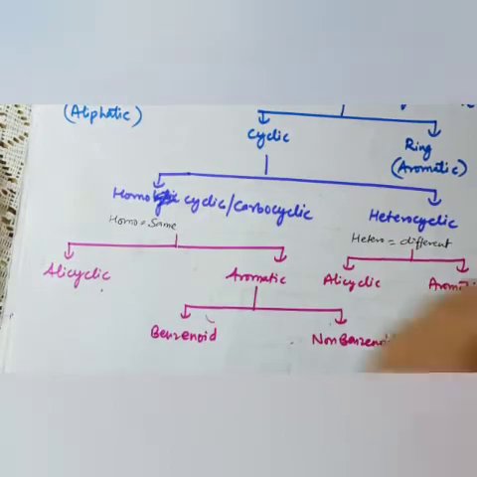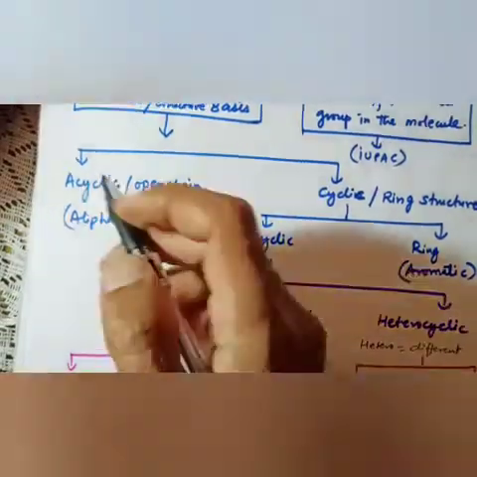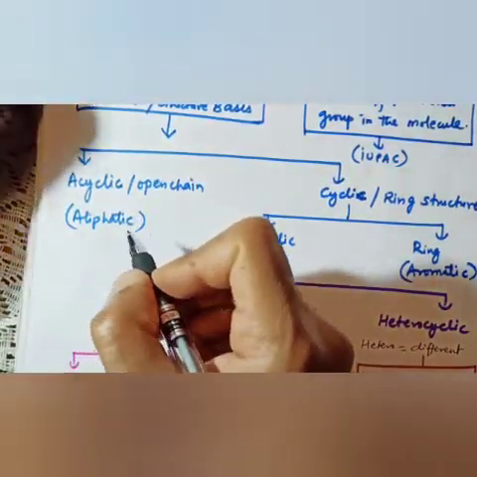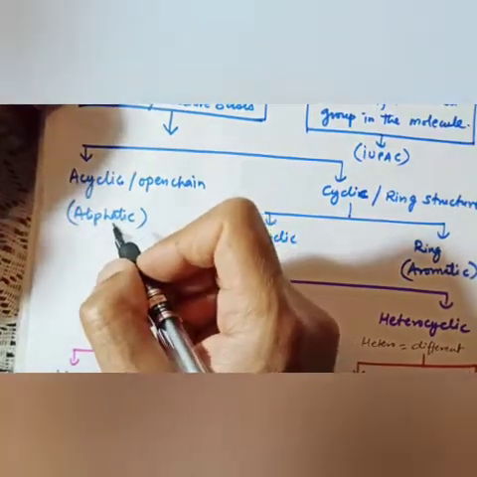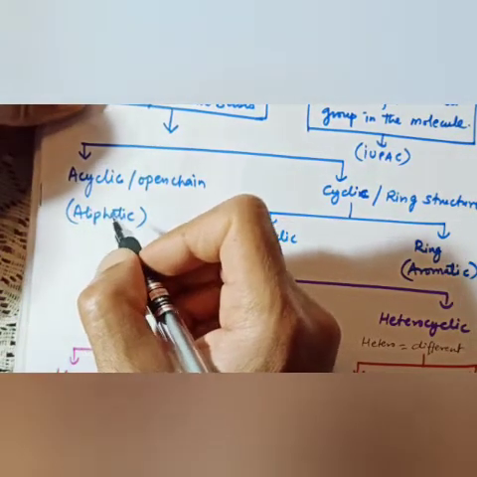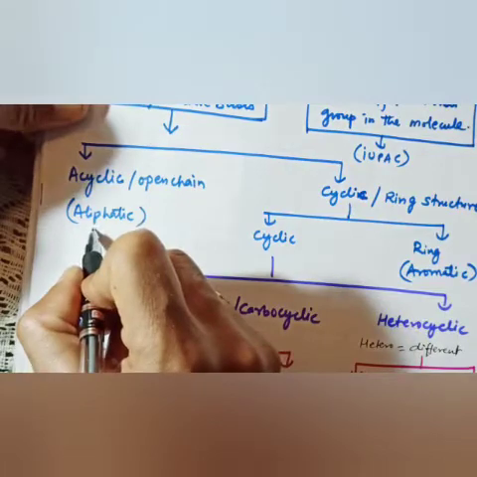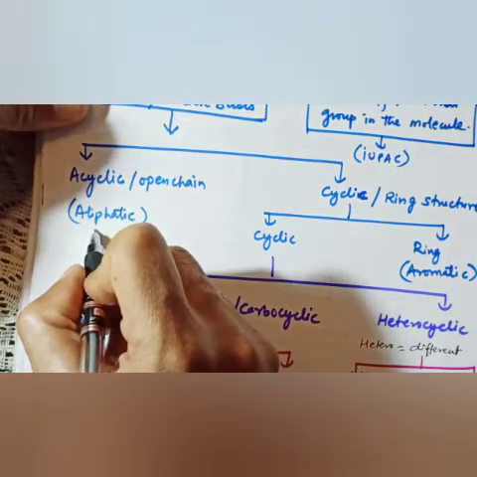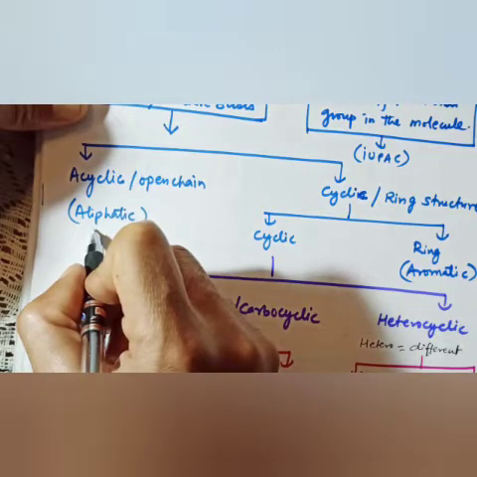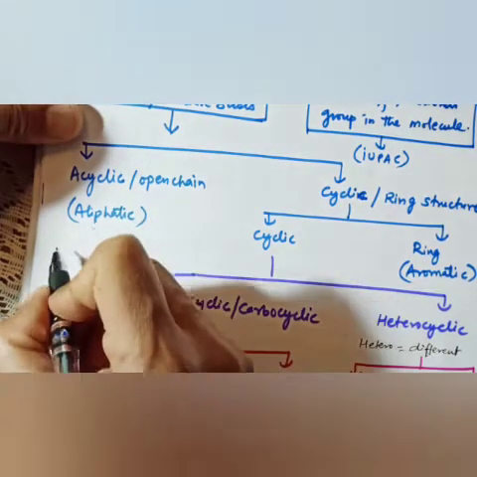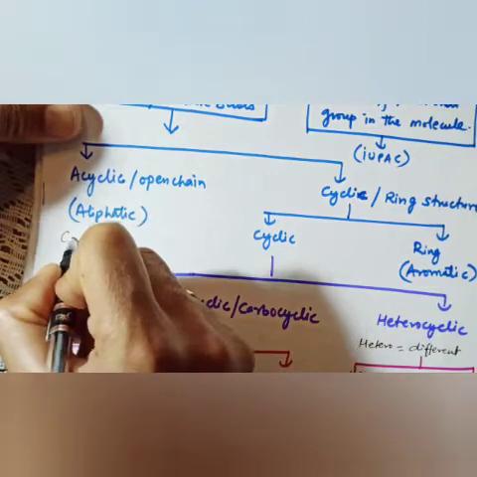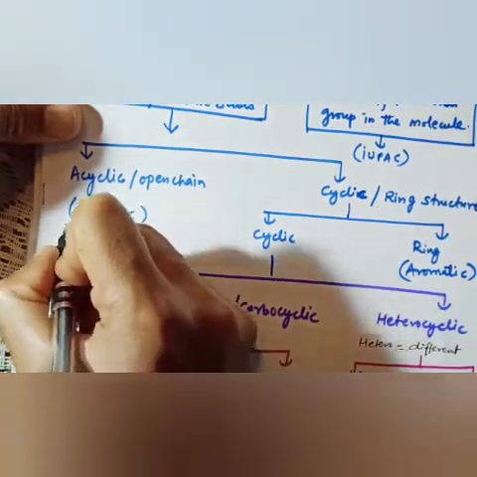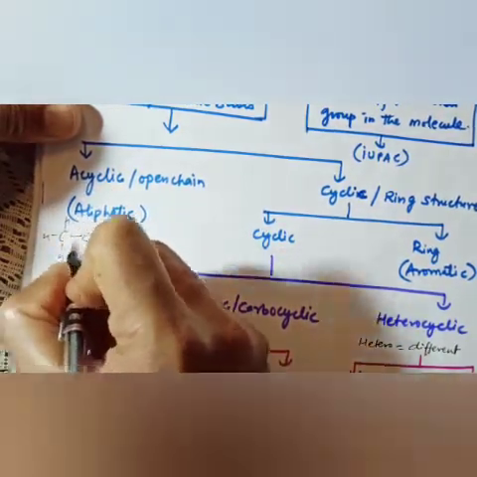If I take the first example, aliphatic, it is very simple. All those compounds which are aliphatic, or acyclic, consist of straight or branched chain compounds. For example, CCC, where with every C there is hydrogen.